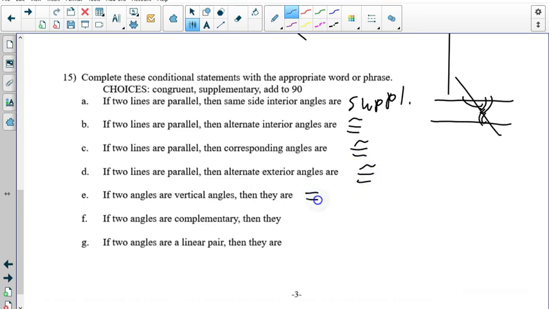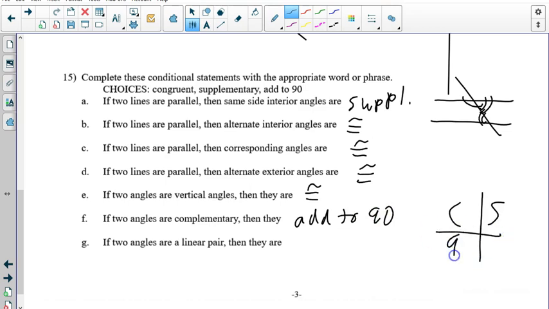Vertical angles are congruent. If two angles are complementary, that means they add to 90. Remember the little trick, C comes before S, 90 comes before 180. 90 is complementary, 180 is supplementary. And if two angles are a linear pair, they form a line, and a line has 180 degrees, so that's supplementary.